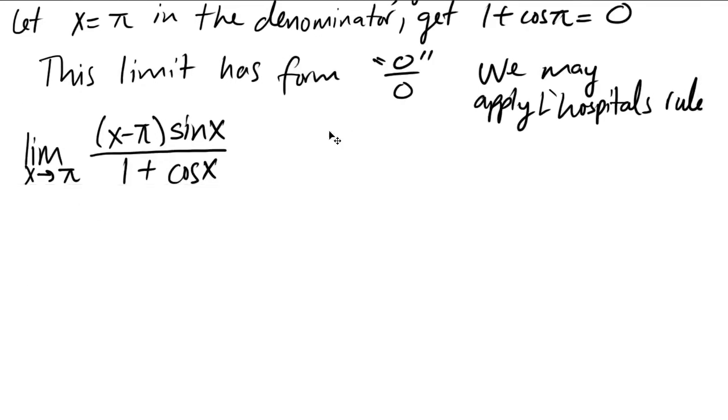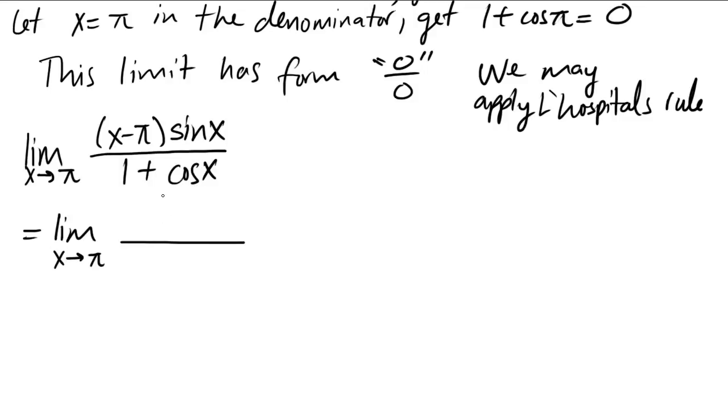We're going to apply L'Hopital's rule, and that just means we do the derivative of the top and the derivative of the bottom separately, and the limit that we get will actually be the same value as the original limit. Now remember, L'Hopital's rule has nothing to do with quotient rule. Even though this is a quotient, we are not applying quotient rule here. We are just doing the derivative of the numerator separately, and then the derivative of the denominator separately as well.